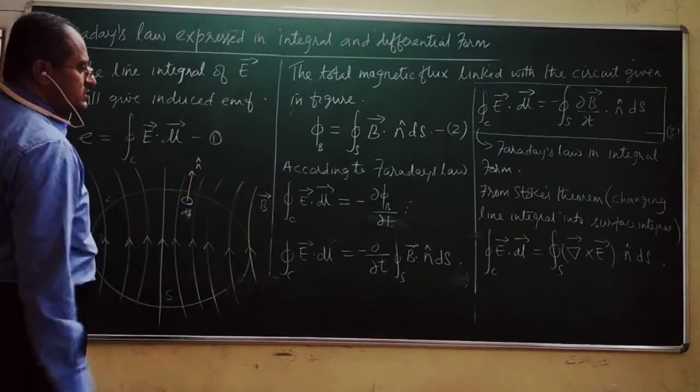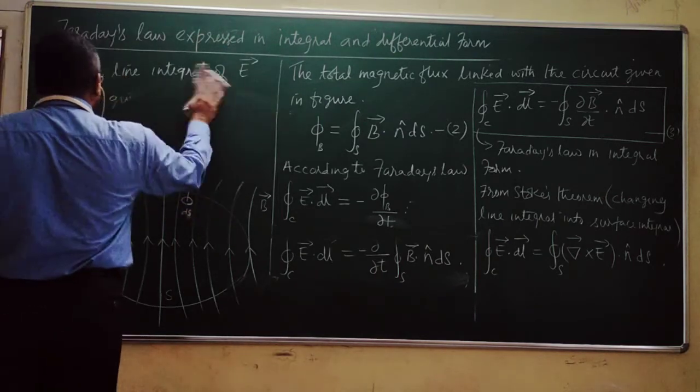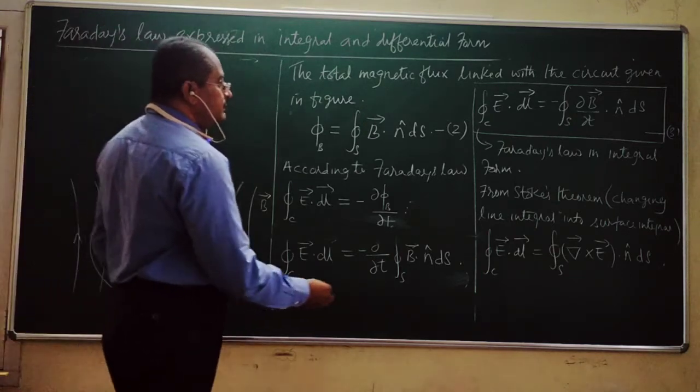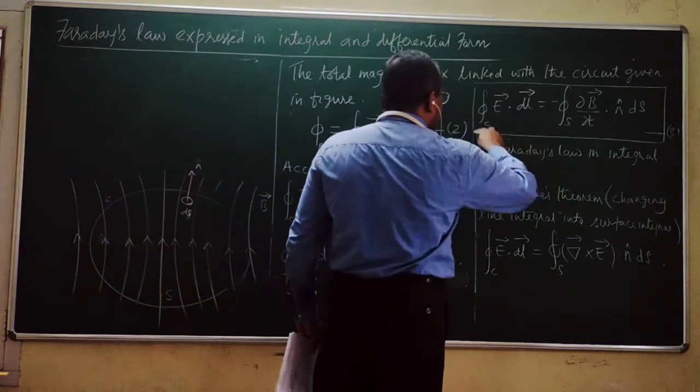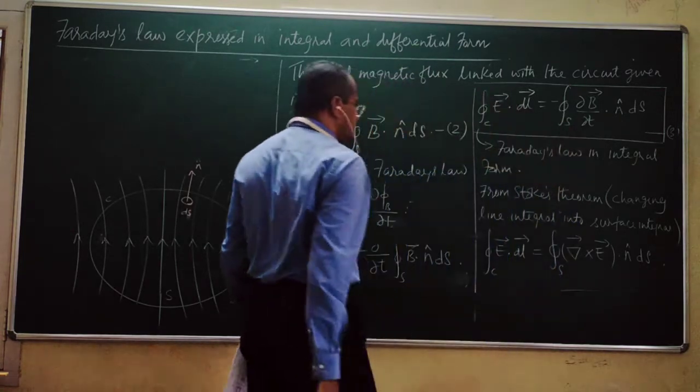If that is okay to you, let me rub equation 1 off. And in equation 3, in place of this left hand side line integral, I can conveniently substitute this.